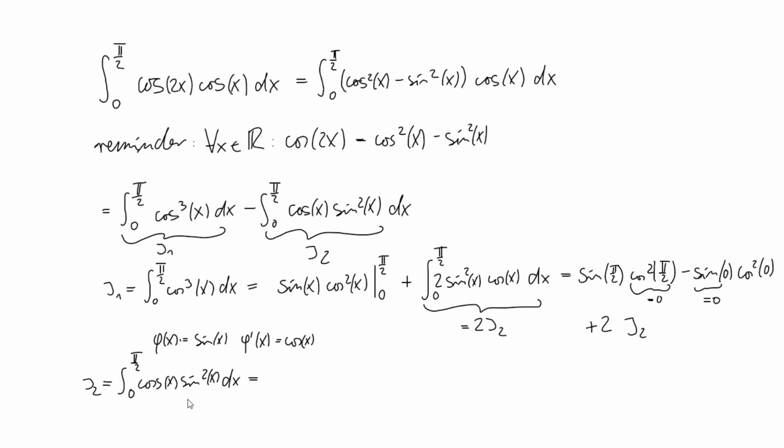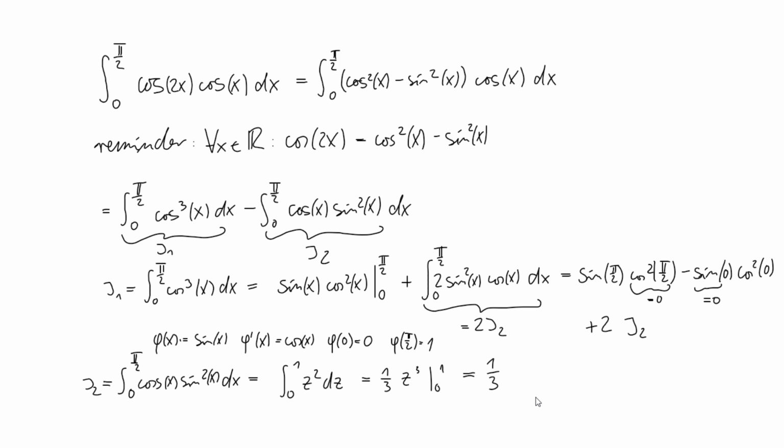So this is perfect because cosine is already in the integral. And we have phi of 0 is 0, and phi of pi over 2 is just 1. So we get the integral from 0 to 1 of z squared dz. And this is just 1 over 3 times z to the third from 0 to 1, so that is just 1 over 3.